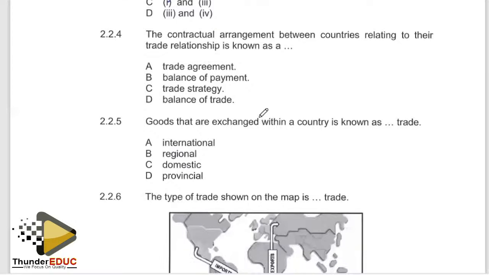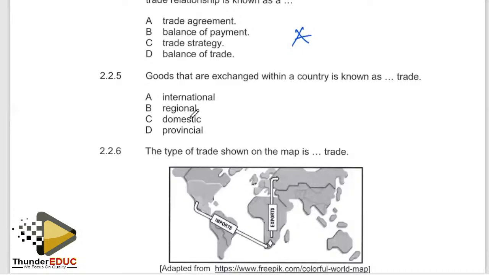The contractual arrangements between countries relating to their trade relations is known as a trade agreement. Goods are exchanged within a country, within a country is domestic.